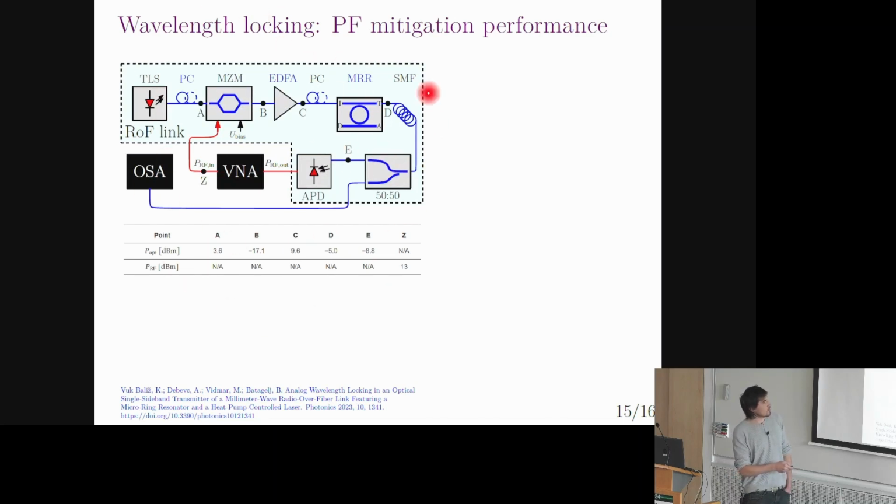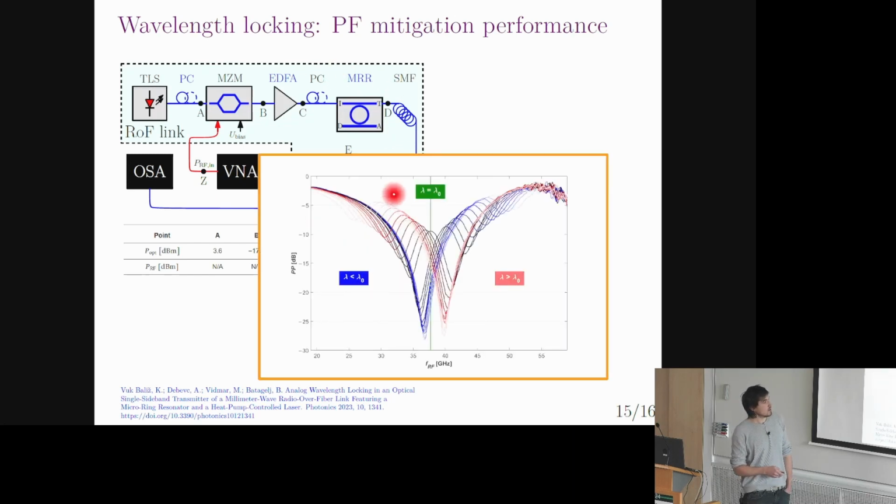And this was another setup by help of which we determined how successful we were in stabilizing the system in terms of the power penalty. This shows the power deterioration at the receiving end because of the chromatic dispersion, and the power penalty for different misalignments of the laser source.